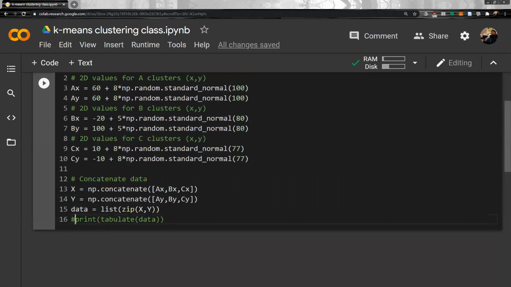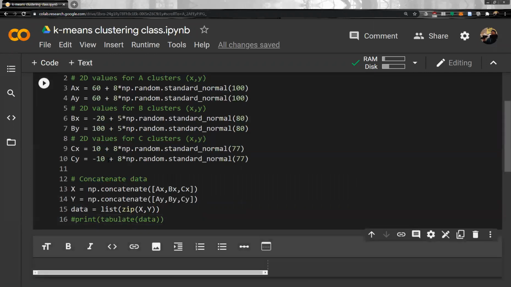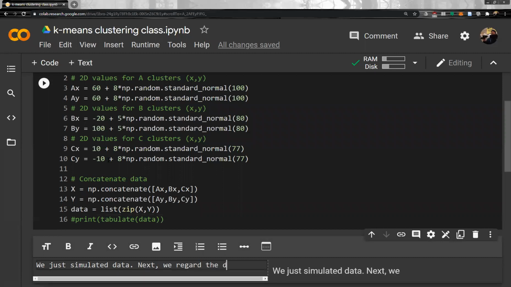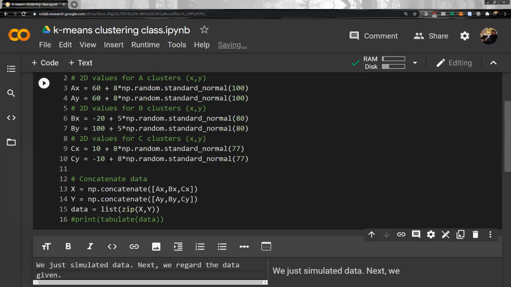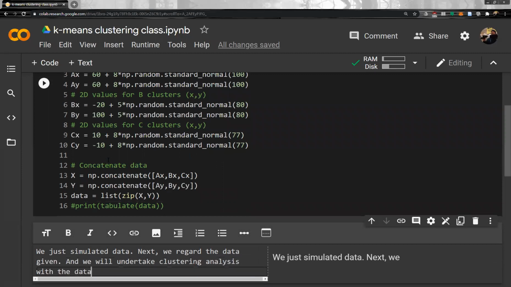So next step, we just simulated data. Next, we regard the data as given and we will undertake clustering analysis with the data.